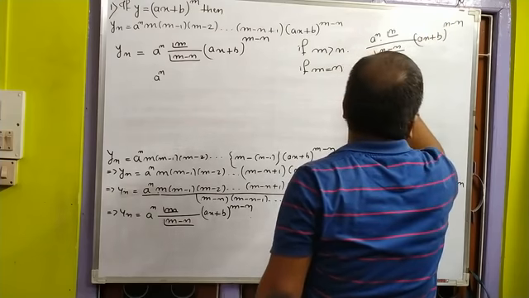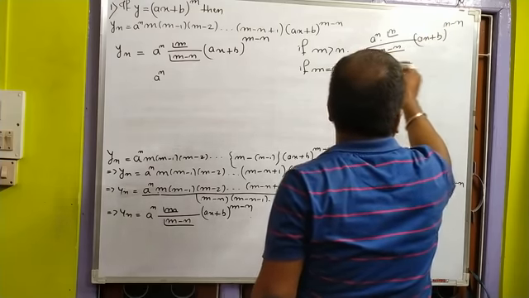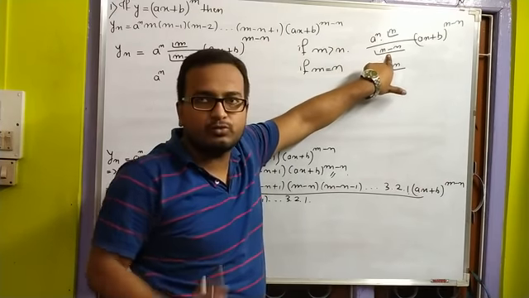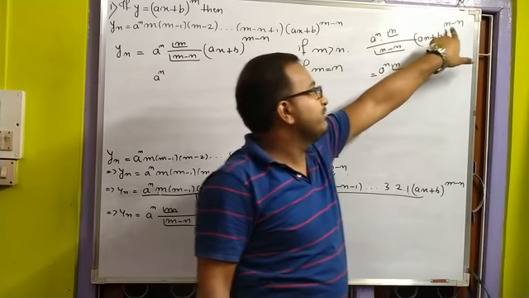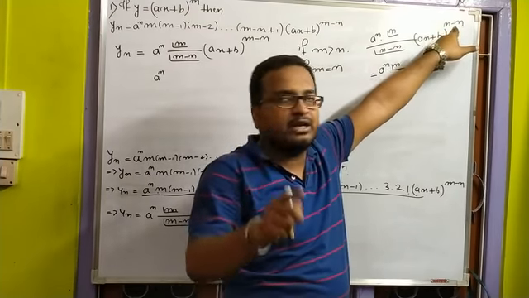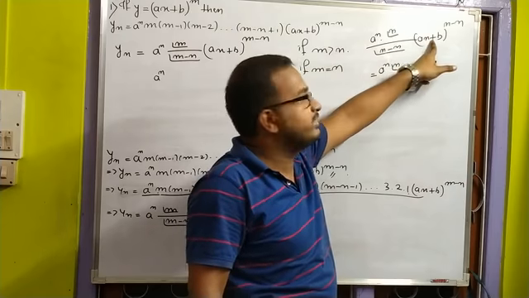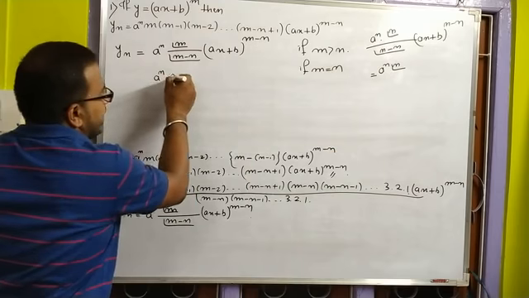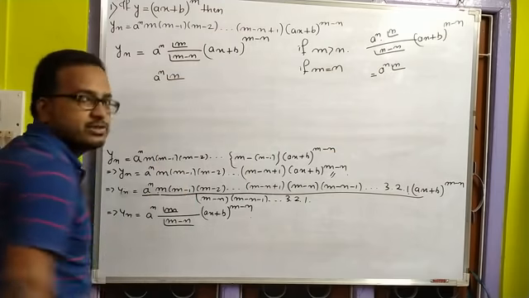Right? So it will be a to the power n into factorial n, because n minus n is 0, so we know factorial 0 is 1, right? And n minus n is again 0, so we know anything to the power 0 is again 1. So this quantity is 1 and this quantity is 1, so we are left with a to the power n into factorial n when m is equal to n.